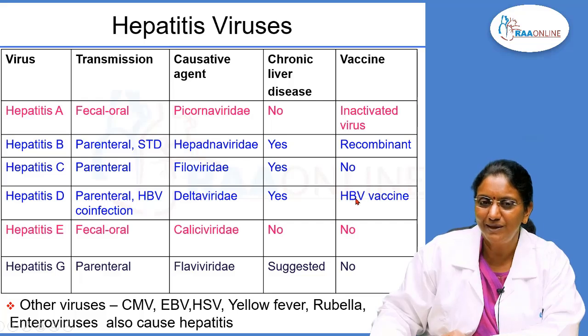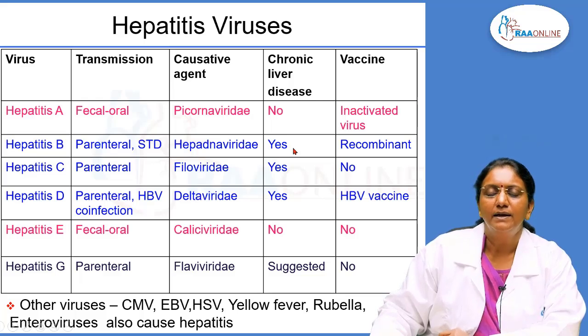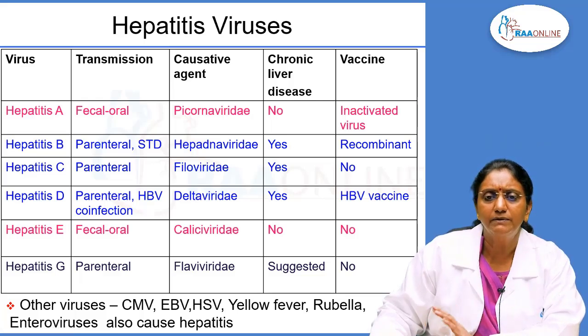The HBV vaccine gives you protection against hepatitis B as well as hepatitis D infection. And this is also an example of a vaccine preventable carcinoma, because the hepatitis B vaccine protects against hepatitis B infection, and chronic B infection can lead to cirrhosis and carcinoma. So here you have an anti-viral vaccine which protects against a cancer, right?